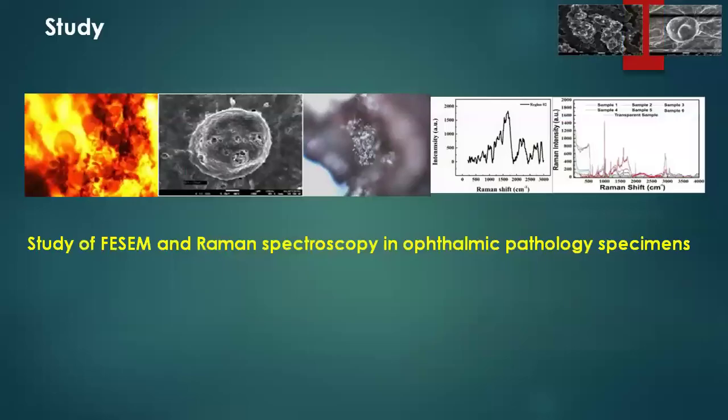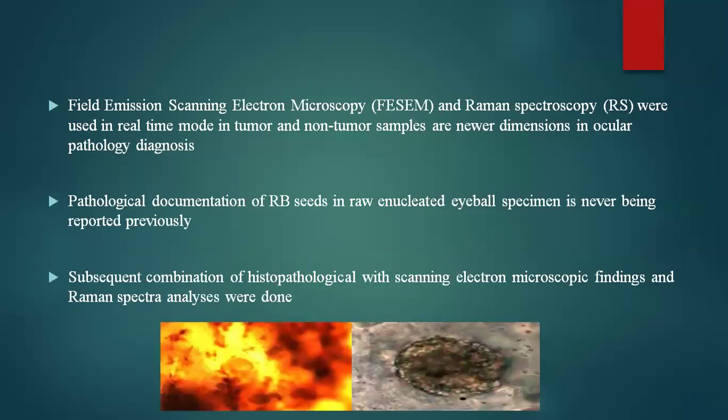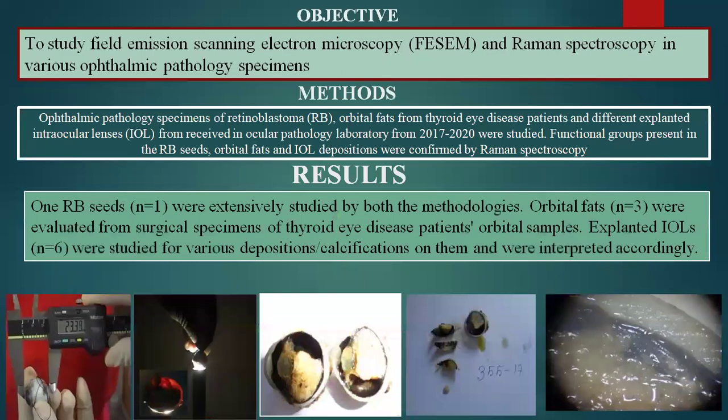Now I'm showing a study of field emission scanning electron microscopy and Raman spectroscopy in ophthalmic pathology. This was a study done at IIT Guwahati with Professor Dipankar and his team, and on the RB cells, isolated RB cells, we have done Raman spectroscopy.